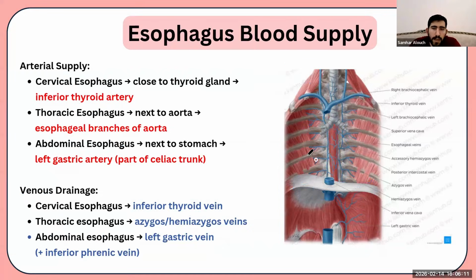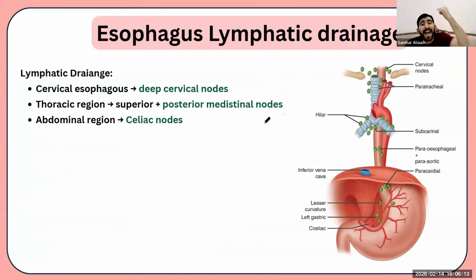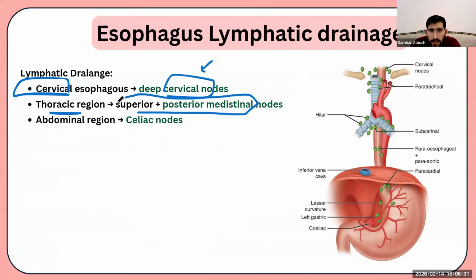Now the lymphatic drainage. As I said, anything in the head and neck area, and the cervical esophagus is part of the neck area, is going to go to the deep cervical nodes. So the first part of the esophagus, the cervical one, will drain into the cervical nodes. Then the thoracic region, or the mediastinal region, is going to go to the posterior and superior mediastinal nodes.